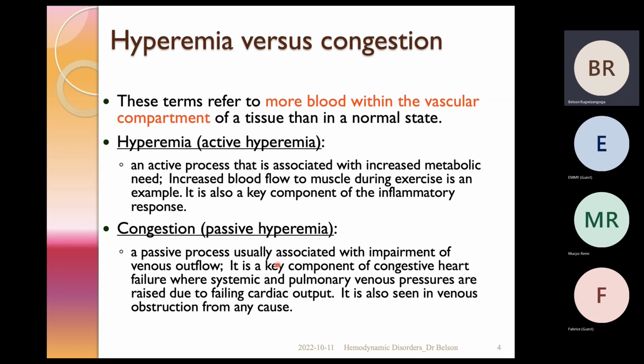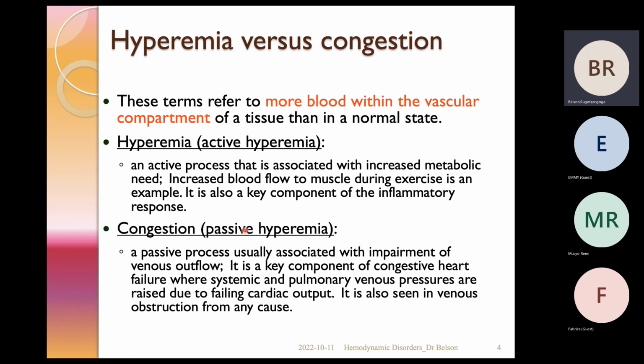So the main difference is that hyperemia, which is called also active hyperemia, it is when that increase in blood volume is seen at the arteriolar end or at the artery end, while congestion, it appears at the side of veins. So that is the main difference.